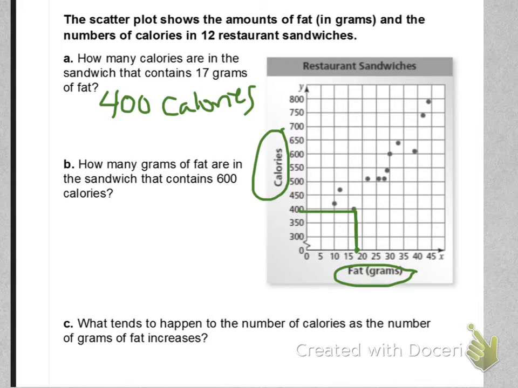B, how many grams of fat are in the sandwich that contains 600 calories? So now we're looking at our y-axis going up to 600. Where do I hit the dot? I hit it at 30. So there's 30 grams of fat.